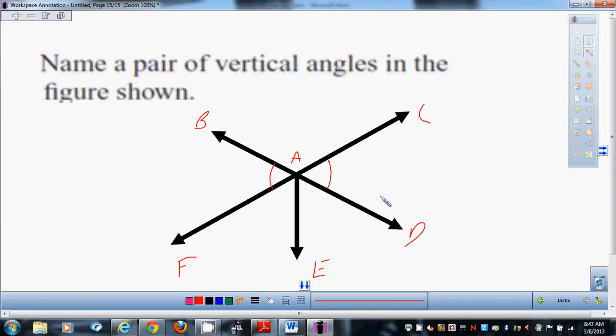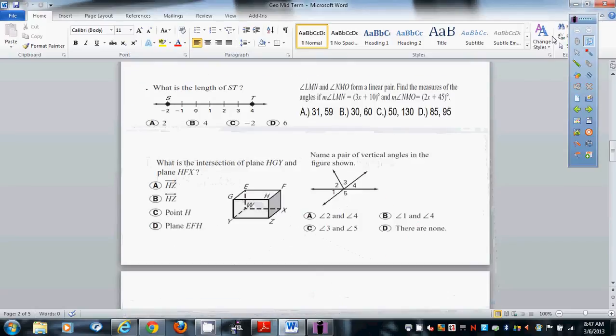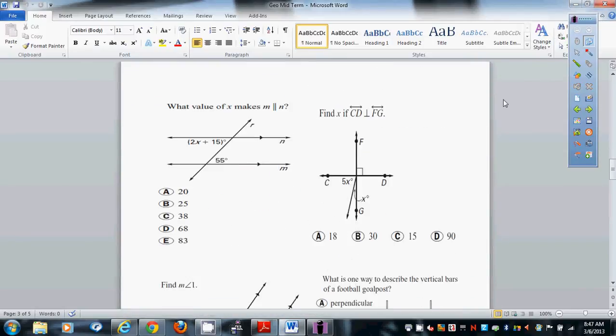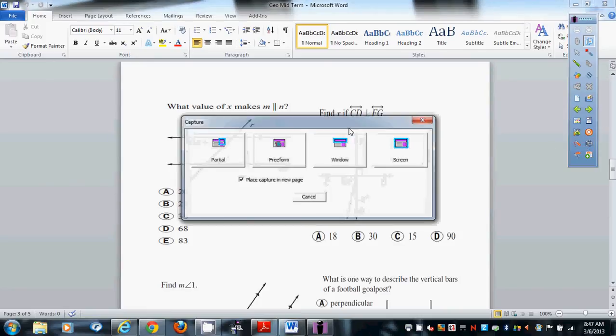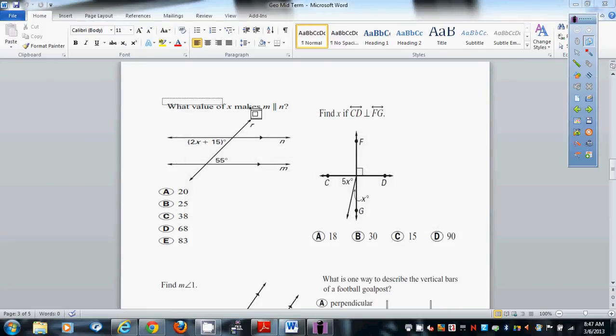Ooh, here's one. What's this problem going to look like? Two lines with arrows on them, making them parallel. Very good.